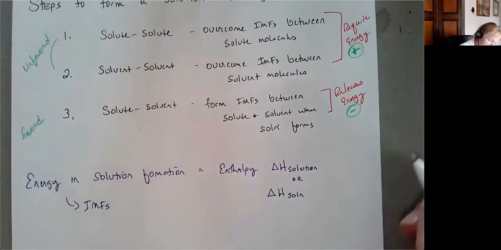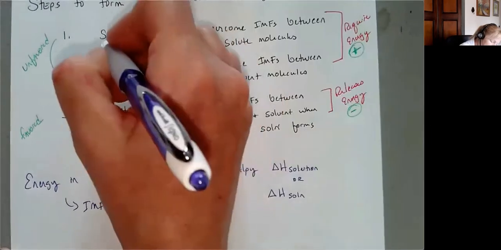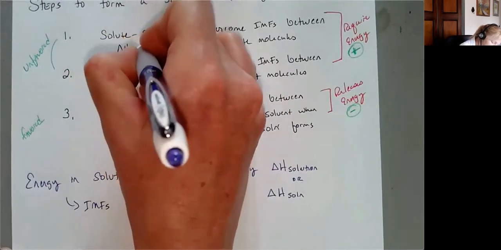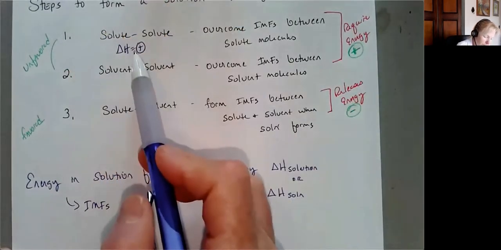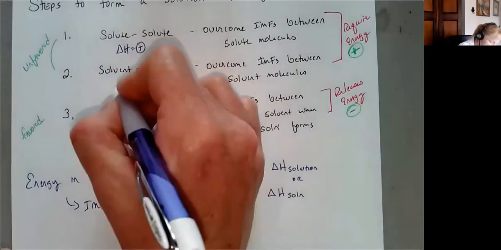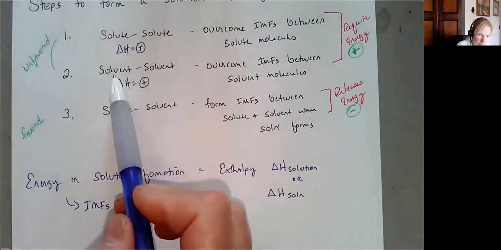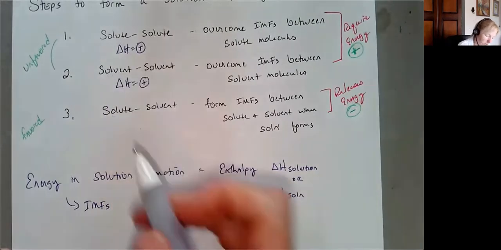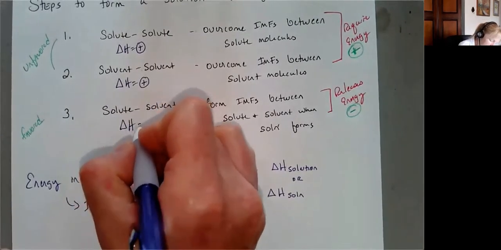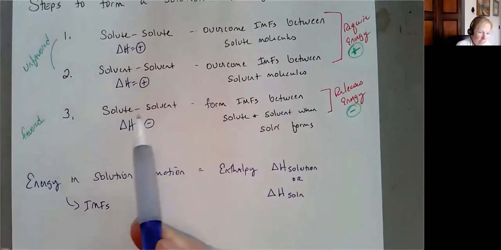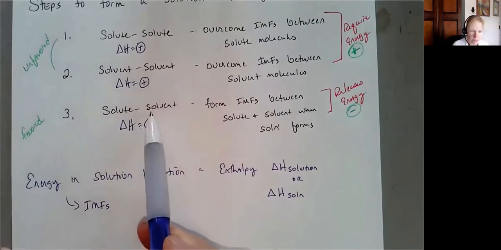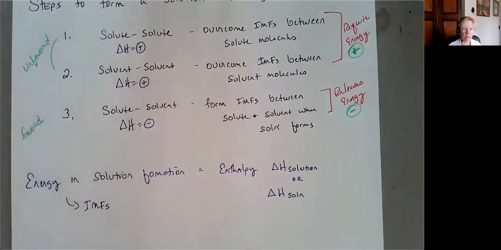So my delta H here is going to be positive because that's energy I'm putting in to break these. This is going to have a delta H of positive because this is energy I'm putting in to break this intermolecular force. And this delta H is going to be negative because this is energy I get out when I form this new intermolecular force between the solute and the solvent.